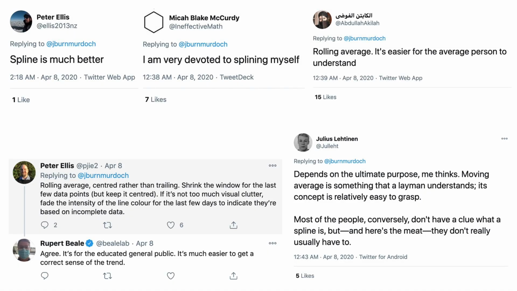But then we get some different feedback. In the upper right, we've got someone saying the rolling average is much easier for the average person to understand. And in the lower left, we've got someone with a data science background, but still saying that the rolling average probably makes more sense. And then in the lower left, we actually have one of the epidemiologists in the UK working on the development of the vaccines, talking about how this is for the general public.